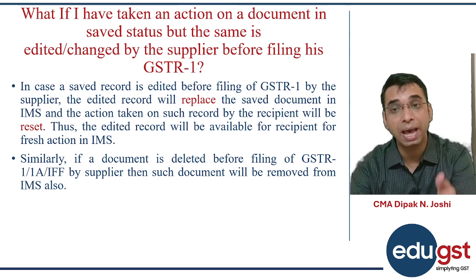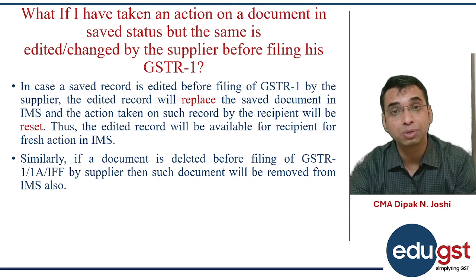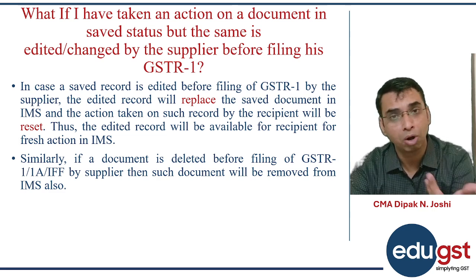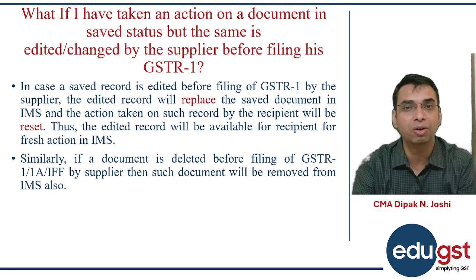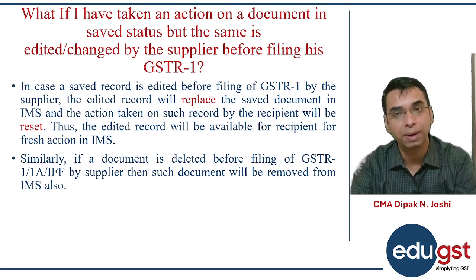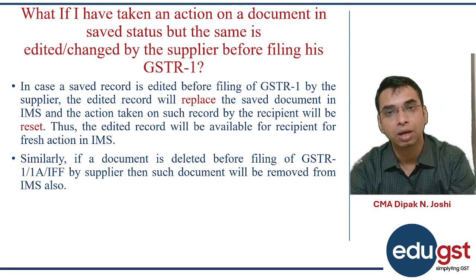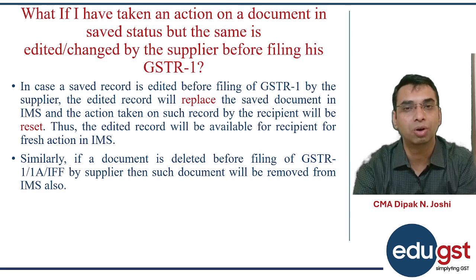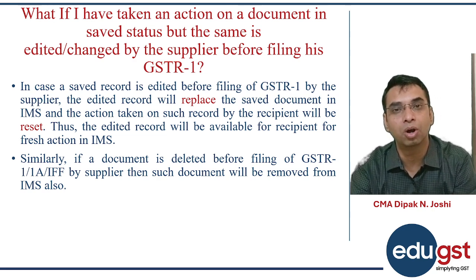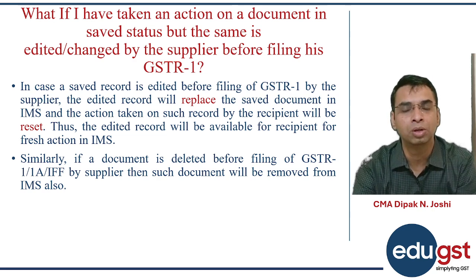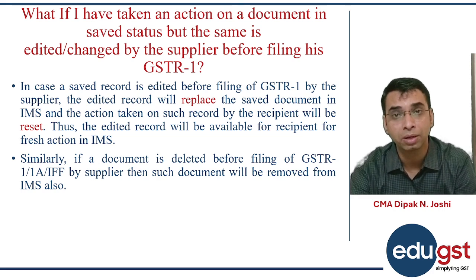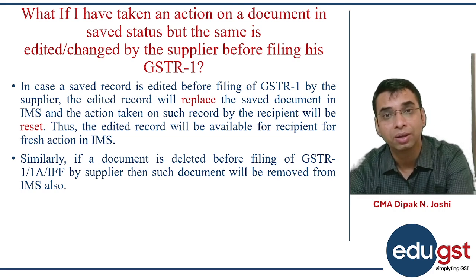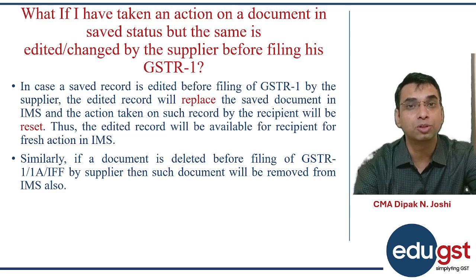But it may happen that details uploaded by the supplier are not correct, and subsequently at the time of filing GSTR 1, the supplier realizes that he has furnished wrong details in GSTR 1, so he can change those details. In that case, what will happen? The replaced data will be valid for the purpose of action.